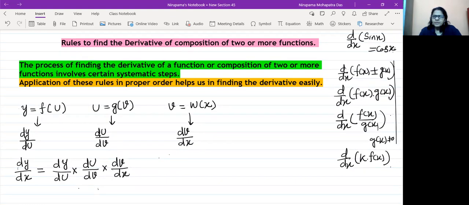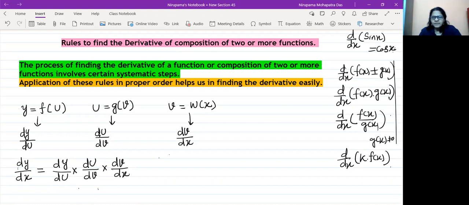Whenever we say d by dx, it means derivative with respect to x. So d by dx of sine x means derivative of sine x with respect to x.